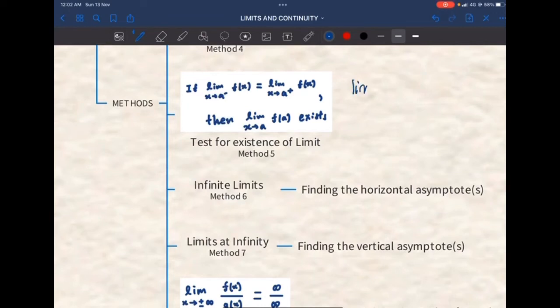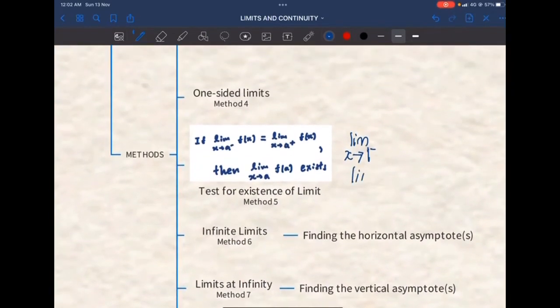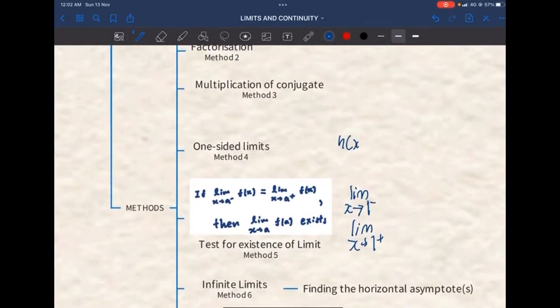For example, the limit as x approaches 1 from the left and also from the right for the piecewise function f(x) equal to 4 minus x squared for x smaller or equal to 1, and 2 plus x squared for x bigger than 1.